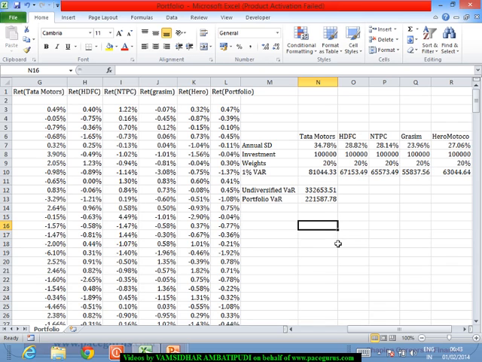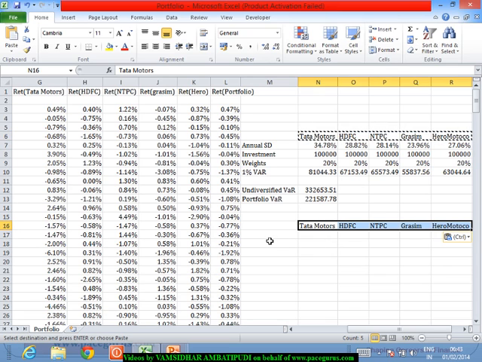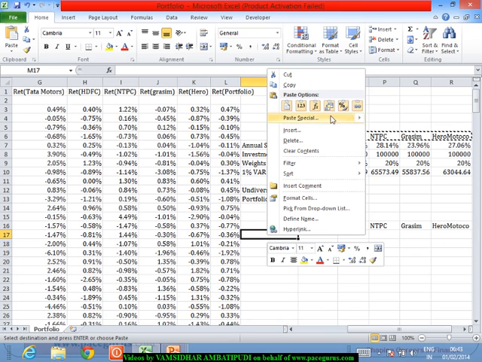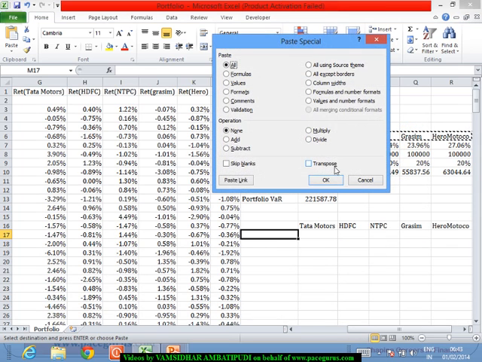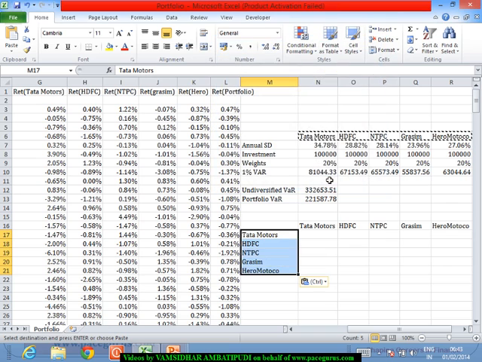So for that we prepare a variance covariance matrix. To prepare that matrix, I can take these 5 securities here, and at the same time I will take these 5 securities here also.